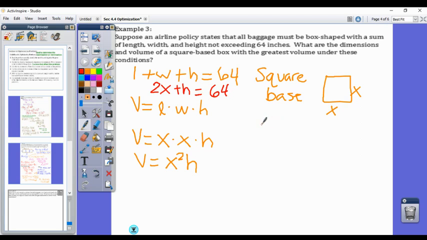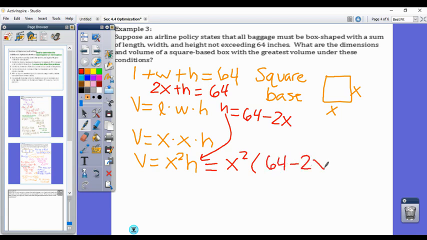So let's go ahead and solve that for h. And if I solve that for h, I'm going to get h equals 64 minus 2x. So then what I can do is substitute that in here so that I only have x's. All right, so x squared times 64 minus 2x.